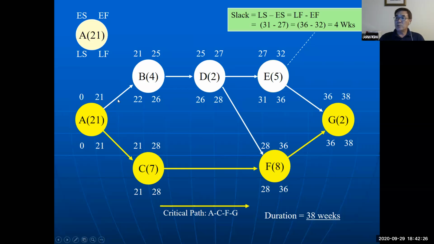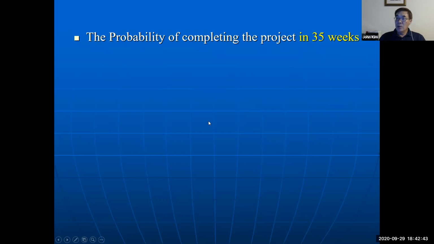And those activity times are not certain. It's kind of expected time. So anytime it can be short, it can be a delay, and so on. So 38, the expected project time, is not certain, kind of a probability.